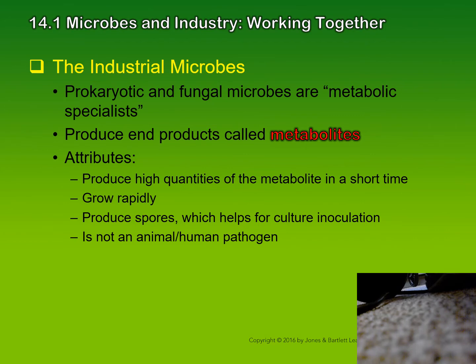A nice thing about using industrial microbes is that you can engineer them so that they are not animal or human pathogens. We wouldn't want to make a whole big vat of human pathogen because the workers in that factory would be at risk of getting the pathogen.